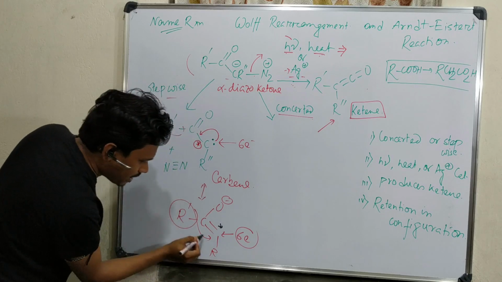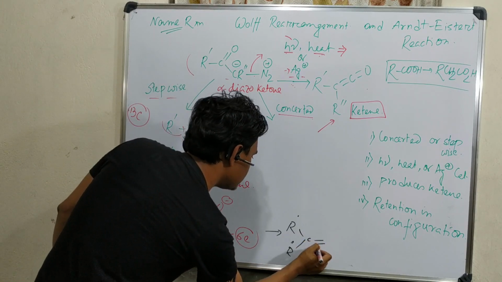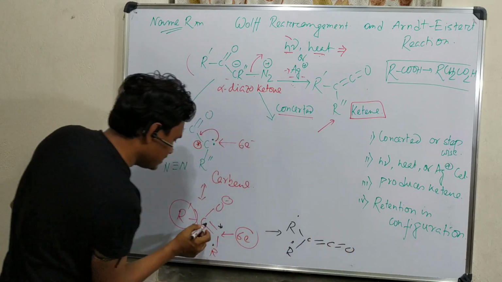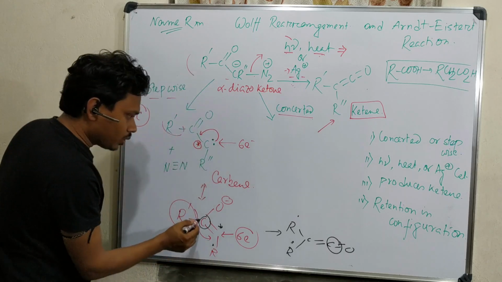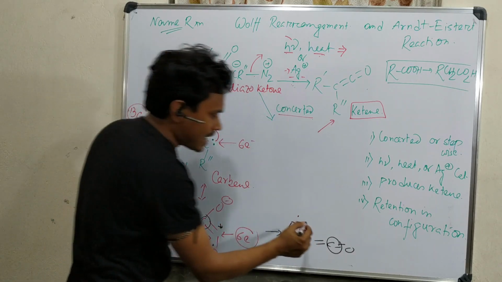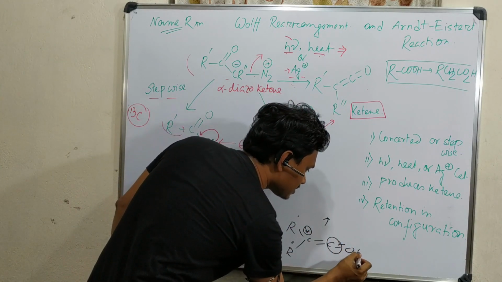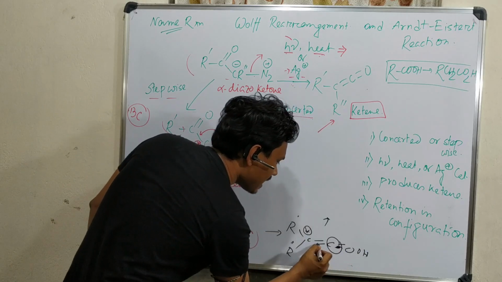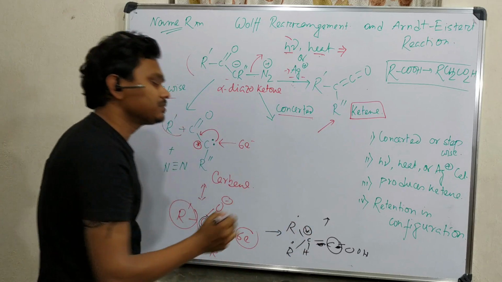So this R will migrate and it will produce C double bond O, means this carbon is this one. So this is the expected label. After hydrolysis it will produce a carboxylic acid, and here will be hydrogen.